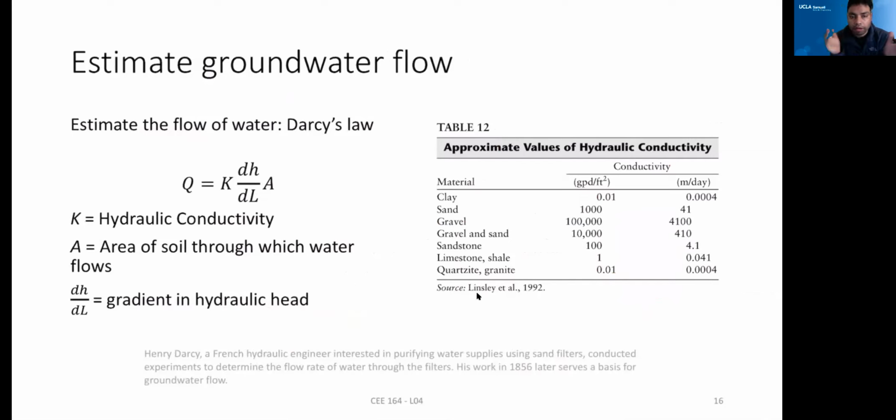Now that you learned all the concepts or background, the key is to calculate the flow rate, how much water is going to flow through a system. If you are creating a barrier or designing a treatment system, you have to understand the flow rate in a system. So Darcy's law says the flow of water is proportional to the head difference, which is the driver behind the water flow, times the hydraulic conductivity. Hydraulic conductivity is basically like thermal conductivity.